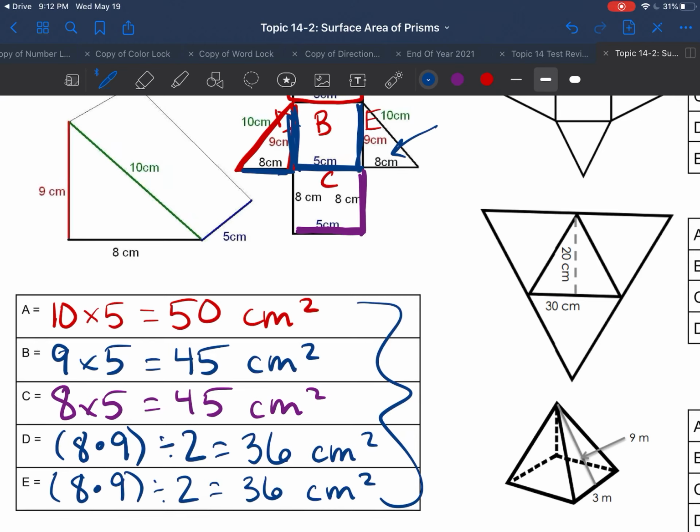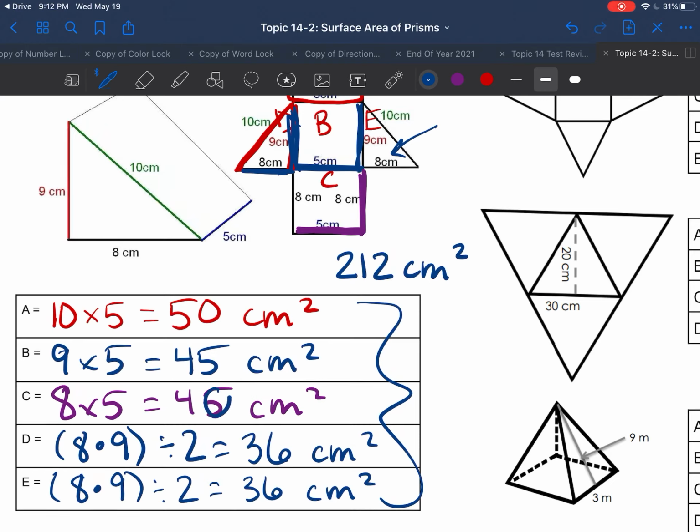Well, if I add all of these up, I end up getting, let's see, 50 plus 45 plus 45 plus 36 plus 36. I end up getting 212 centimeters squared. Oh, I made a mistake, sorry.